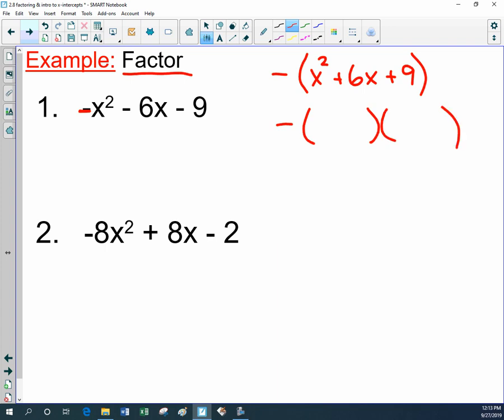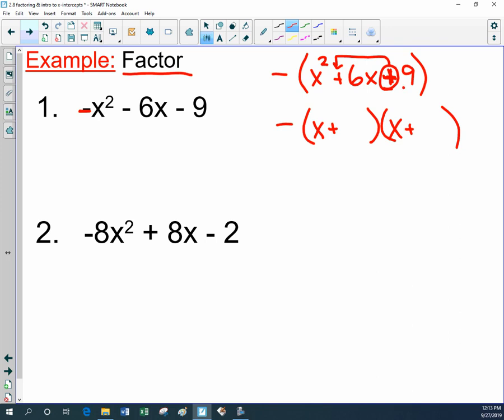So factors of x², x and x. And then what do I know about the signs? This is positive, so this tells me both signs are the same. Look at the middle term, and that'll tell you what they're both going to be. The middle's positive, so both signs are positive.